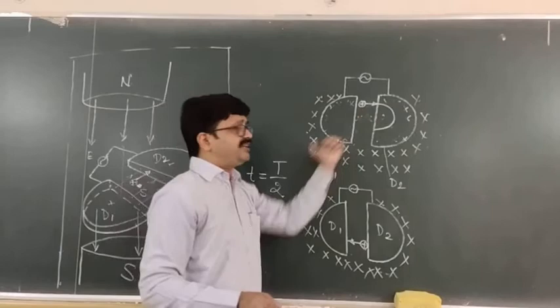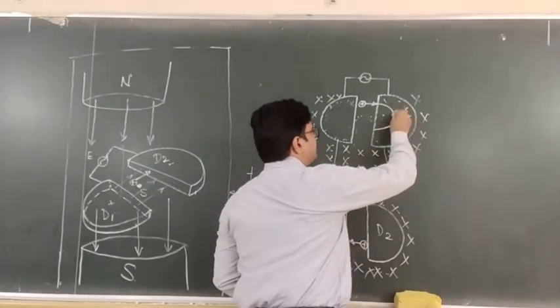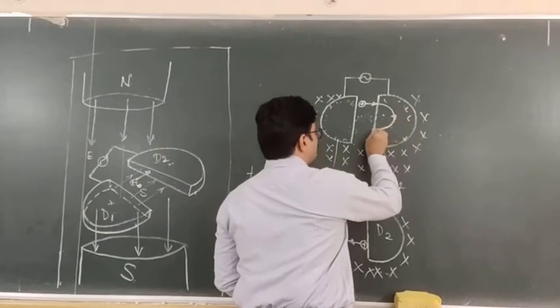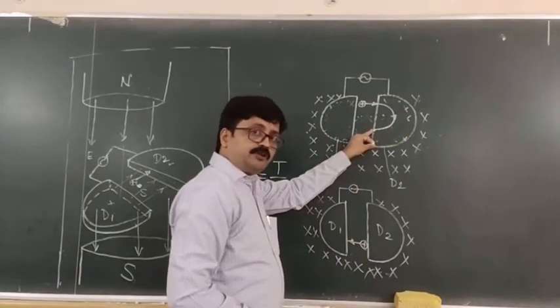So in a time of T/2, the charged particle would have completed this semicircular motion, and it reaches back to the outward portion here.